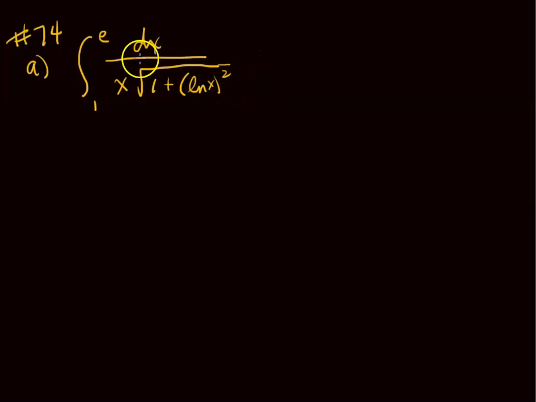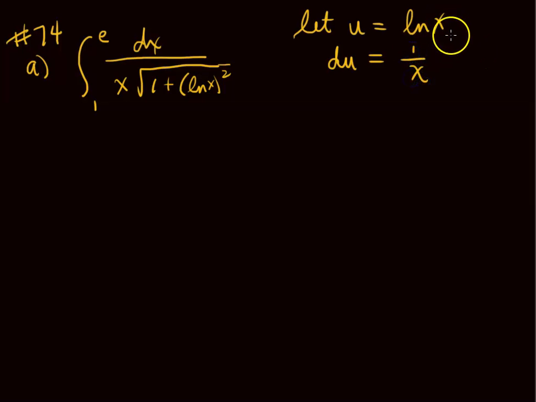So this looks like one of those, but it's got an ln x. What do we do? Let u equal ln x. Then what is the derivative? Well, that's 1 over x times dx. Or, if you want to, put the dx over x, which is this part.